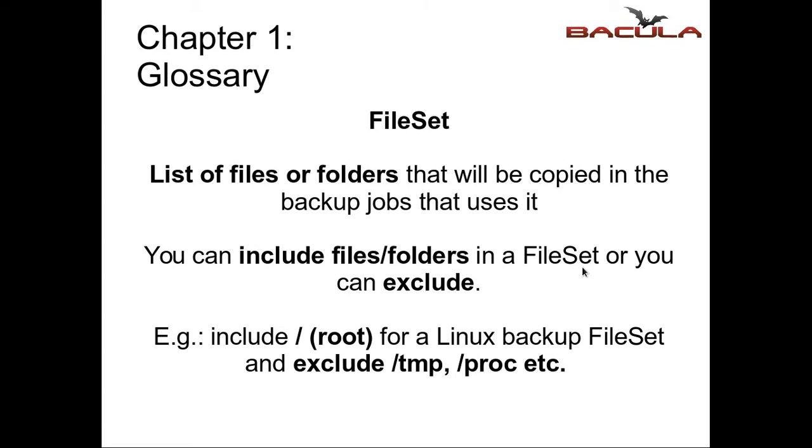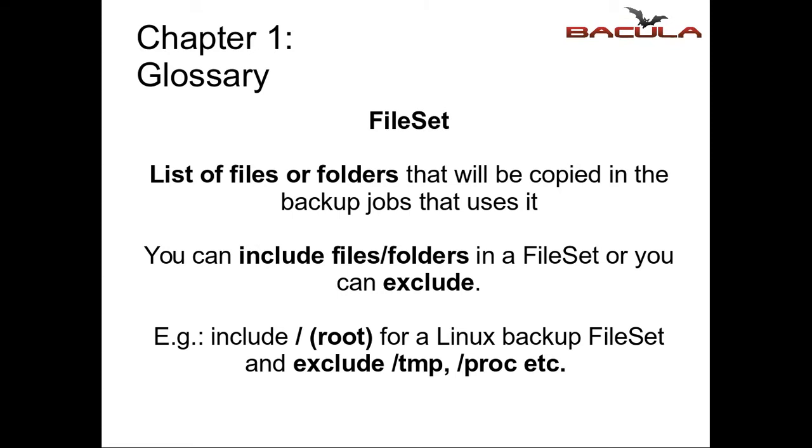File set. A file set is the list of files or folders that will be copied in the backup jobs that use it. You can include or exclude files from a file set, and the backup tool will copy these folders recursively, for example.